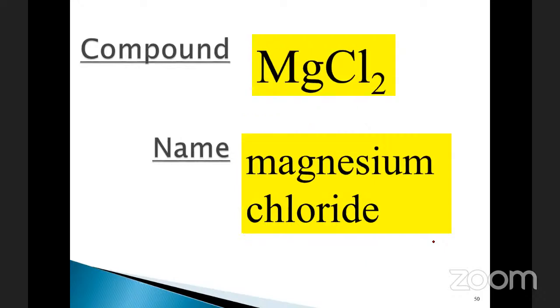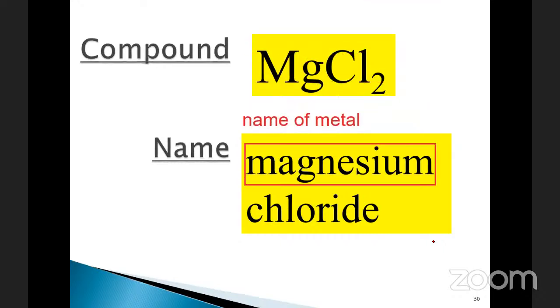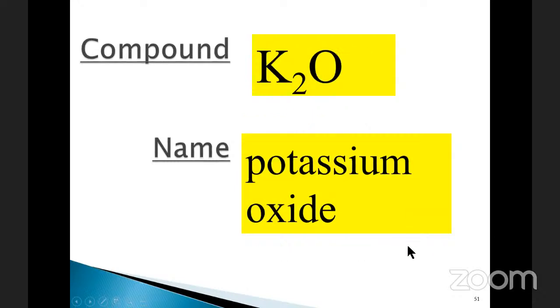Here's another example, MgCl2. The first part would be the name of the metal. The second part would be the nonmetal stem, followed by the IDE ending. And please note, even though we have a 2 here, we do not indicate the number of chloride ions in the name itself. So that's basically the name of this compound.